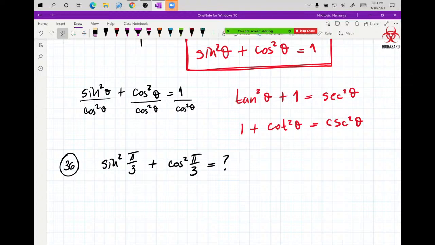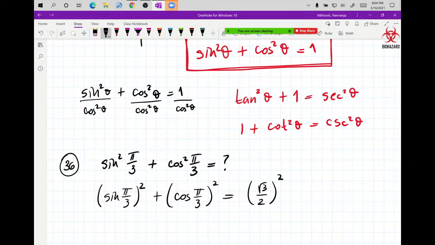Let's say yes. So sine of pi over 3, squared, plus cosine of pi over 3, squared, is equal to what? We already know from our last lecture that sine of pi over 3 is equal to root 3 over 2.